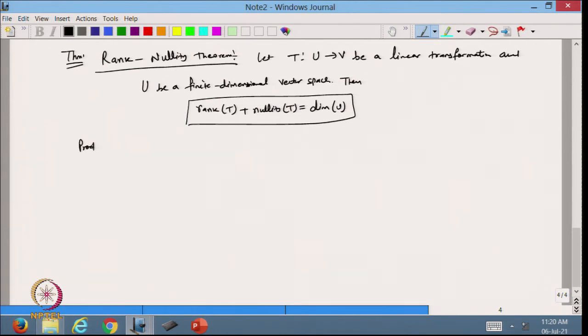We can prove this one. So, I can assume that let dimension of U is n. Also, dimension of NT, the nullity, let it be equal to k.